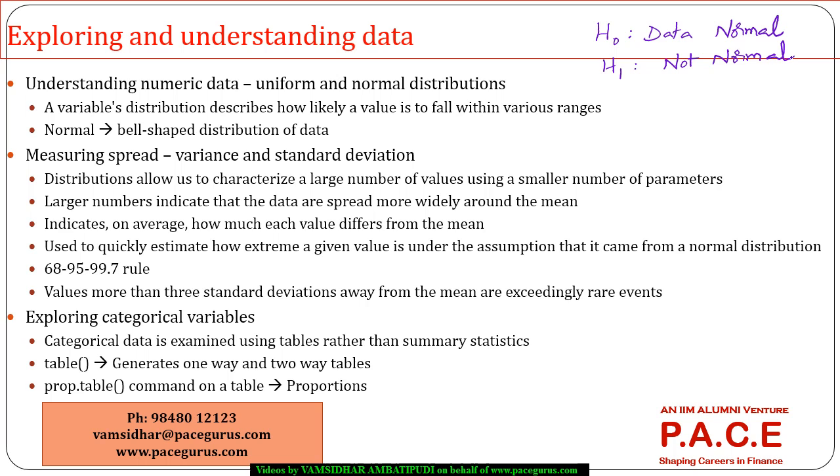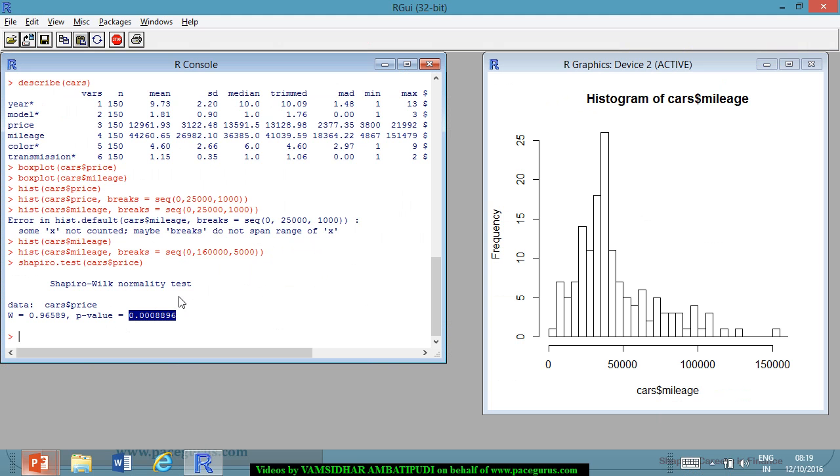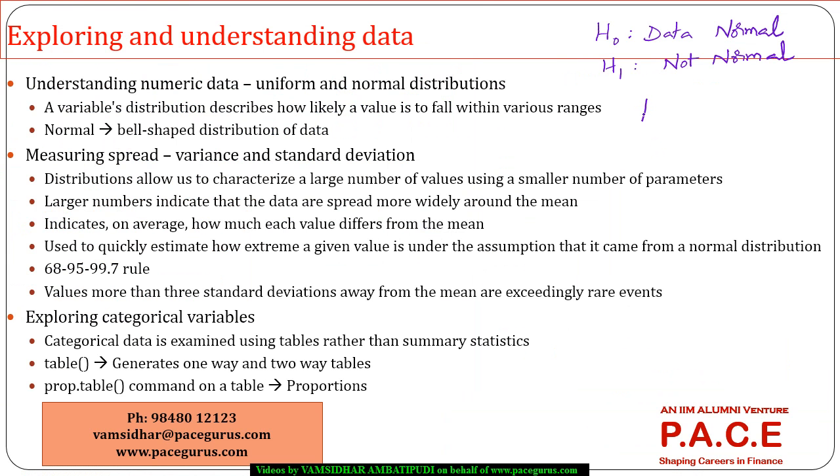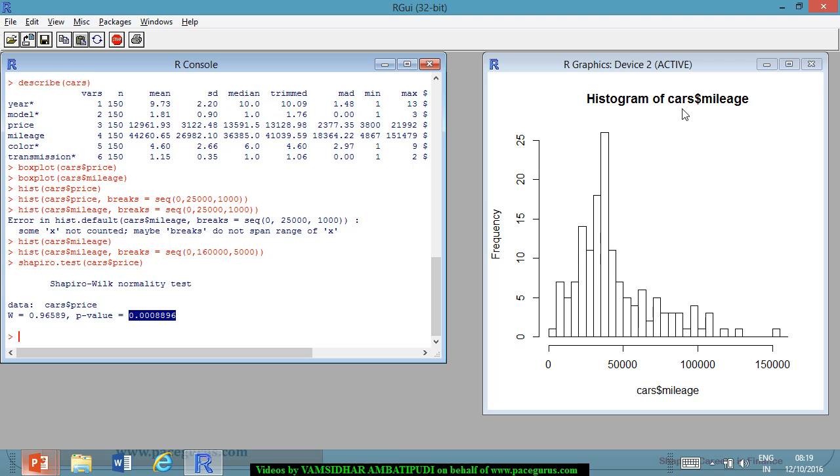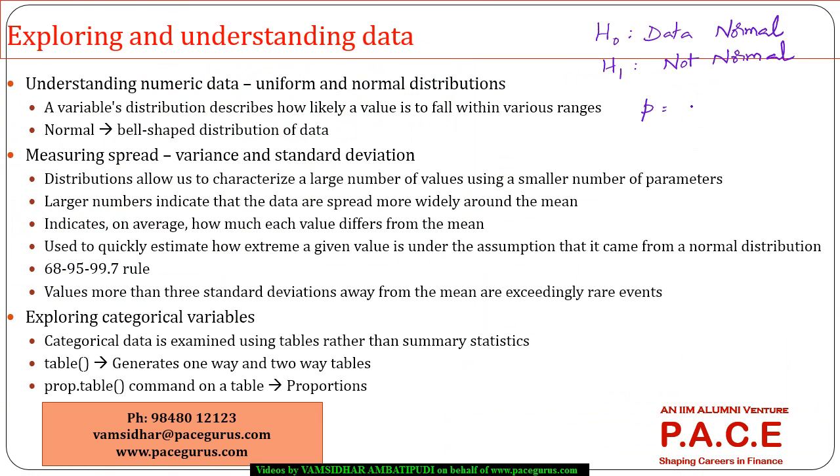Straightforward. The way you interpret it is you look at the p-value that your test is giving. The p-value that I am getting is 0.0008. So you just check whether it is less than 0.05 or greater than 0.05. In this case, this number is less than 0.05.